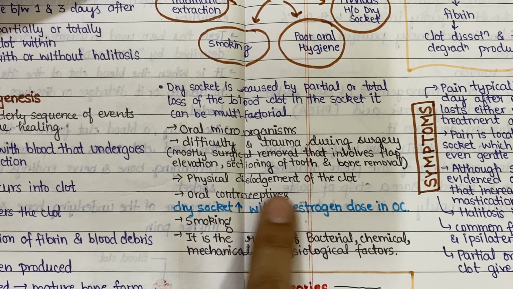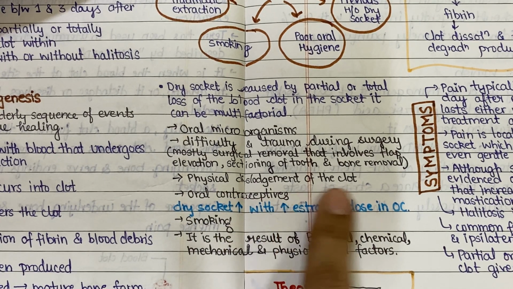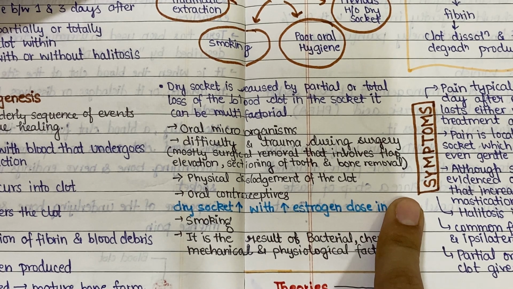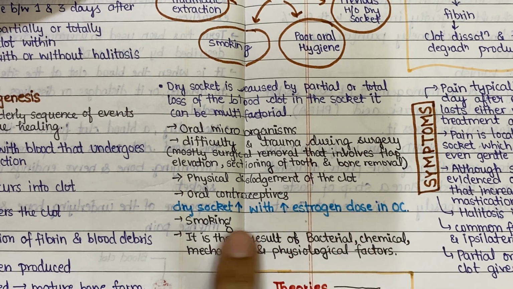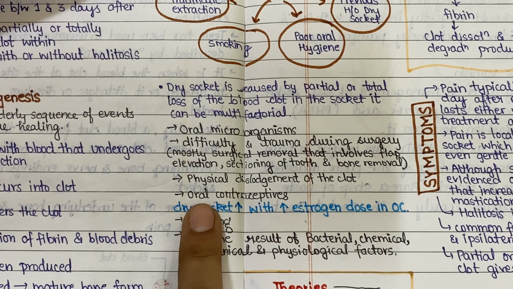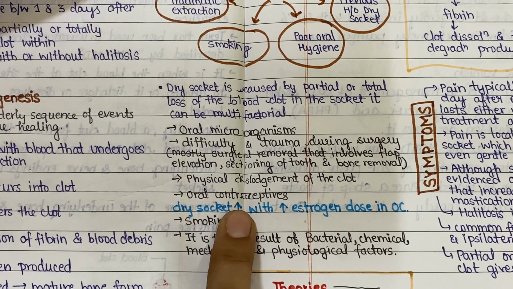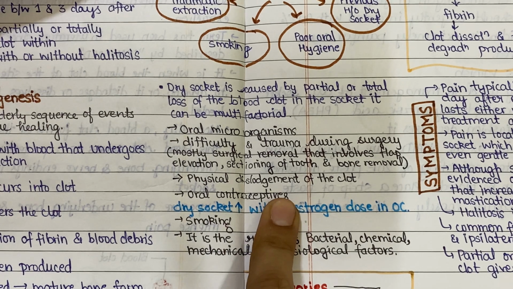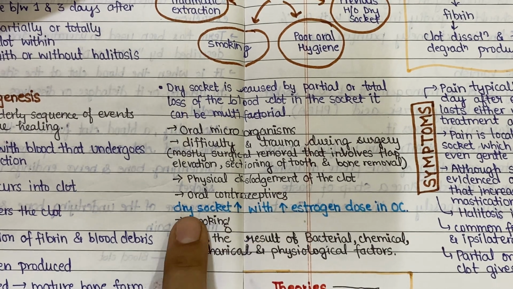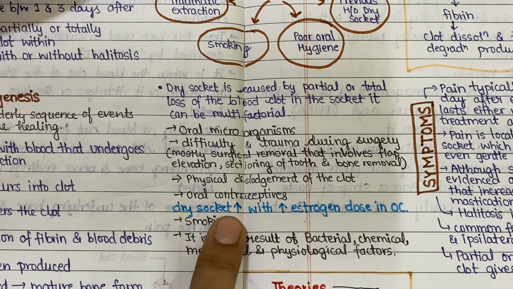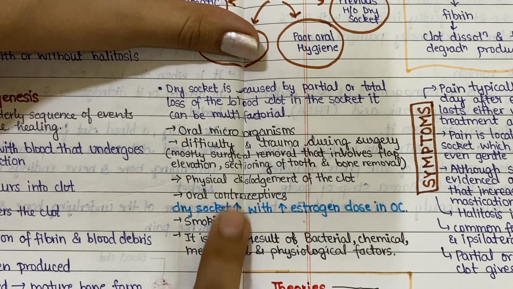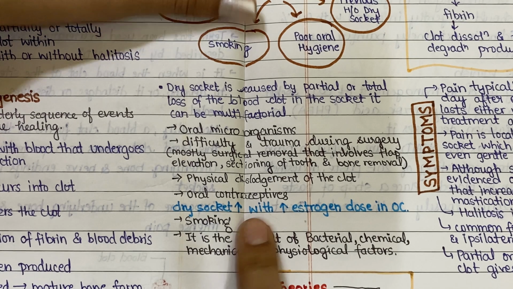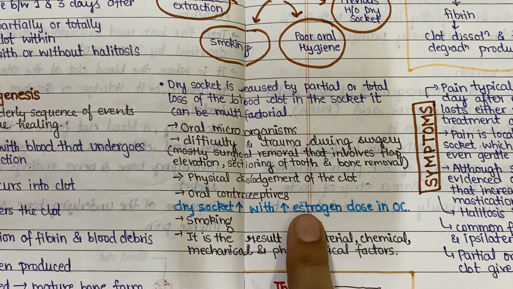Cartrani et al. stated that the probability of dry socket increases with an increased estrogen dose in the oral contraceptive, and that fibrinolytic activity appears to be lowest on the 23rd to 28th day of the menstrual cycle. Females who are on oral contraceptives are mostly advised to go for extraction from the 23rd to 28th day only, because fibrinolytic activity is suppressed.